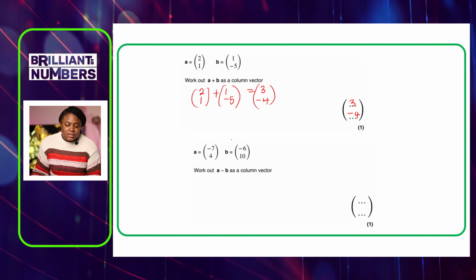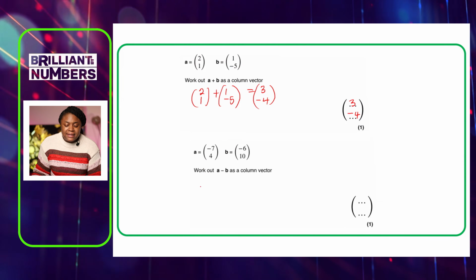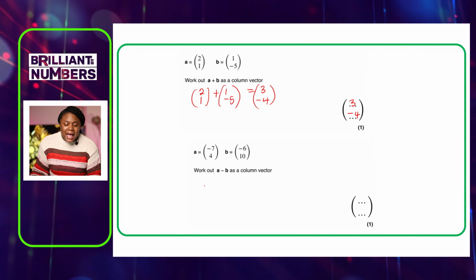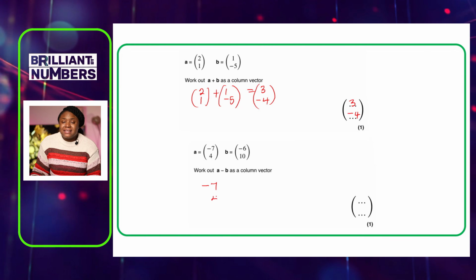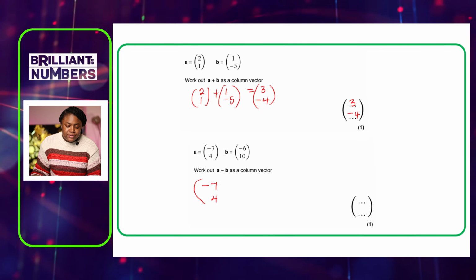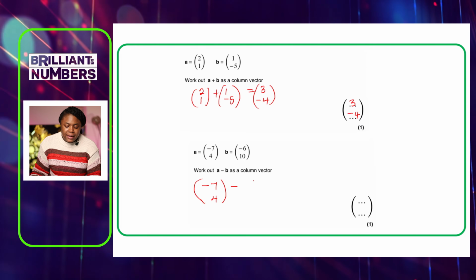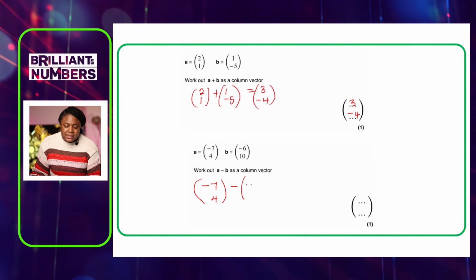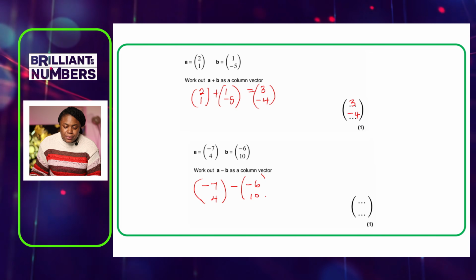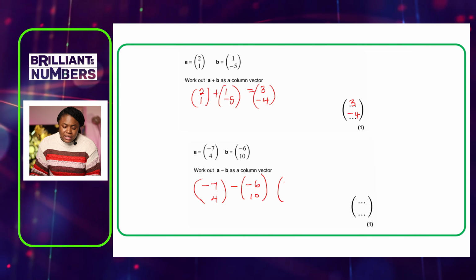Next question asks us to work out A minus B for A equal to (-7, 4) and B equal to (-6, 10). So we're doing (-7, 4) and we need to take away (-6, 10). I'm just going to put them in one bracket so you can see the operation that's going on.